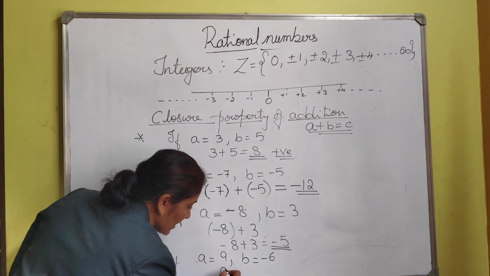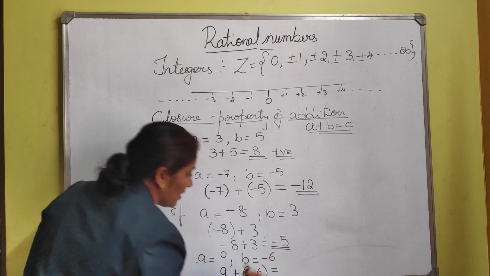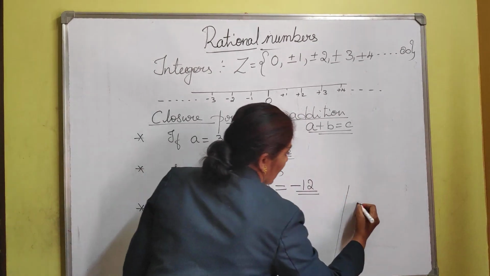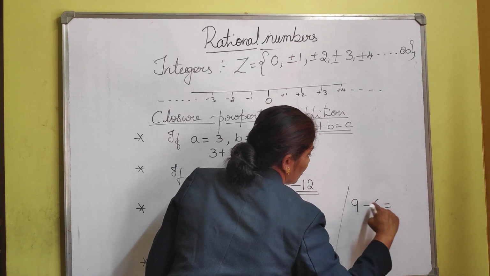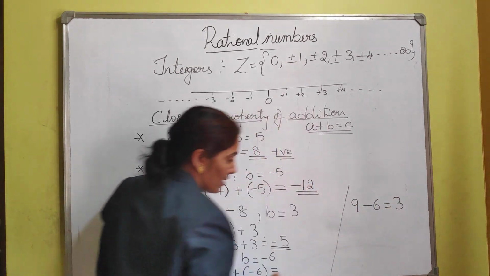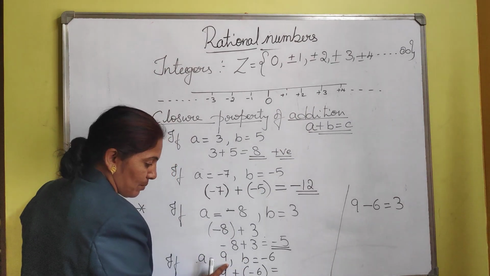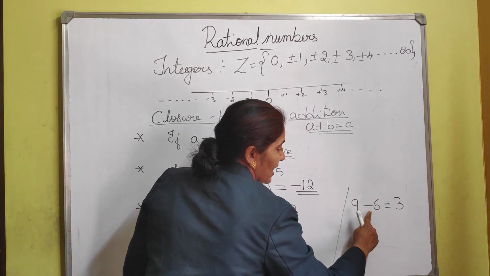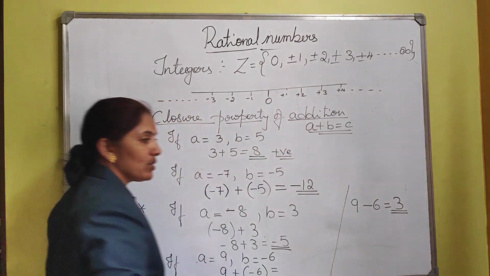I can write this as 9 plus minus 6, which is 9 minus 6, which is 3. Though A is positive and B is negative, we get 3, again a positive integer.